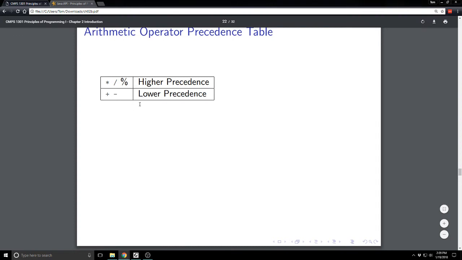For right now, we just need to look at the operator precedence table for the arithmetic operators. Things that are in the list on a higher level get to go before things on a lower level. Our list right now just consists of multiplication, division, and remainder. They all go before addition and subtraction.